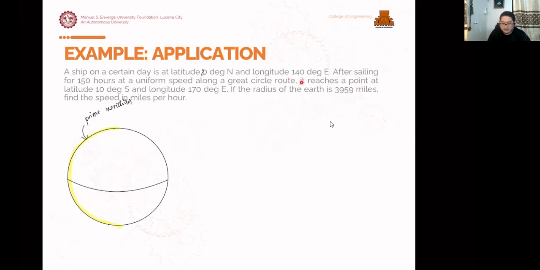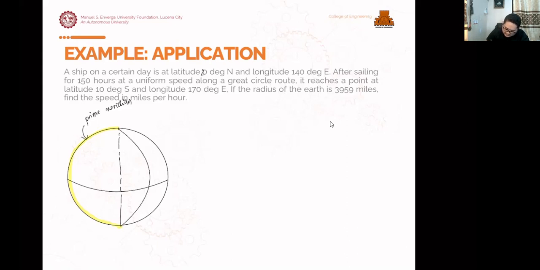Okay? So, yung isang bilog natin na nakaharap sa atin is 180. So, ang kalahati ng 90. So, yung 90 natin, ito yon, di ba? Okay? So, ibig sabihin si 140 degrees is yung itsura niya is paganyan na siya. Okay?